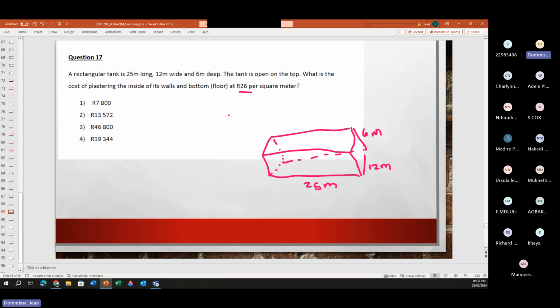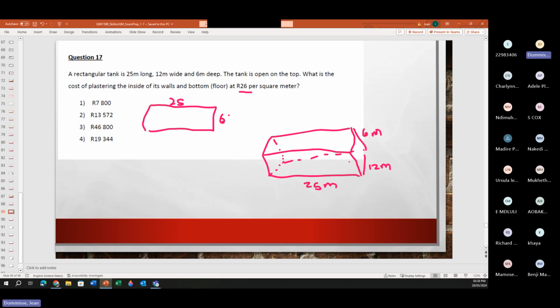Okay, so basically we need to make sure that we plaster the inside. There's going to be the one wall at the back that we need to plaster. That is a 25 by 6.